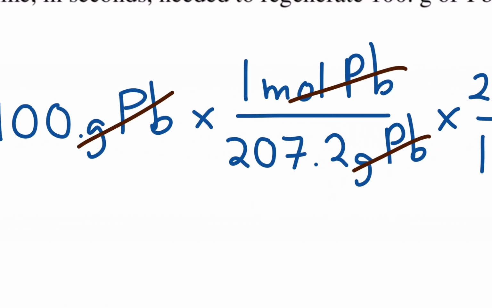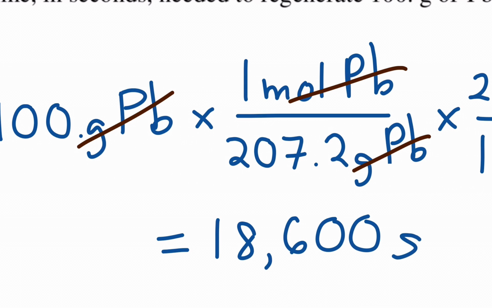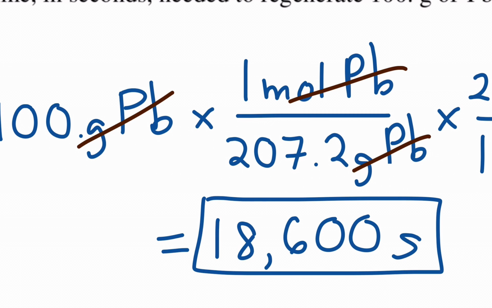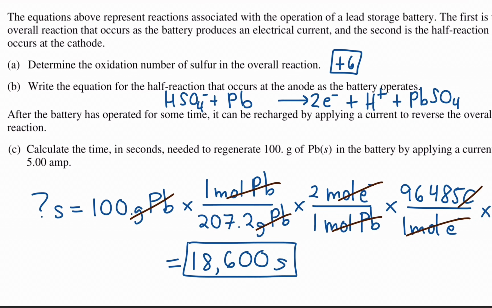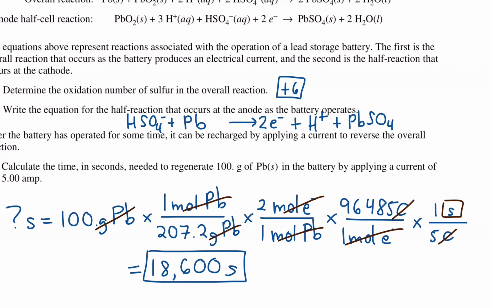When I round to 3 sig figs, I get 18,600 seconds. You get a number more precise than that in your calculator, but since they gave us 3 sig figs, I will do the grader a favor and round to 3 sig figs. Okay, that's a review of electrochemistry and some sample questions that you might see.